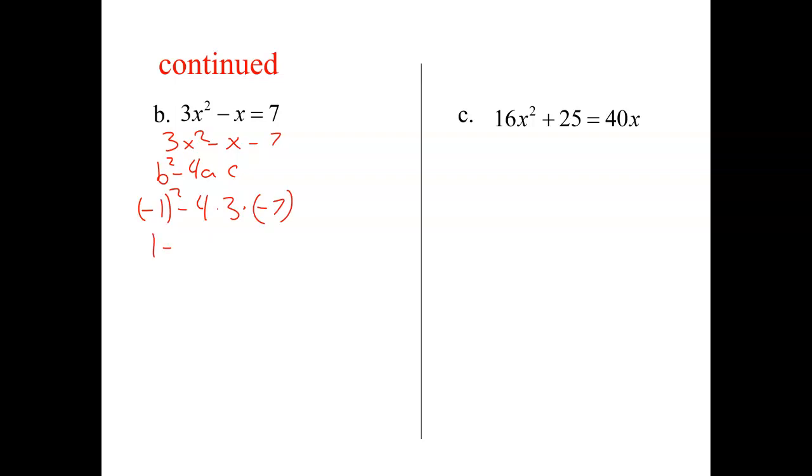What is 4 times 3 times -7? 84. So my discriminant is 85. It's positive, but it's not a perfect square, which means that it has to be 2 irrational.